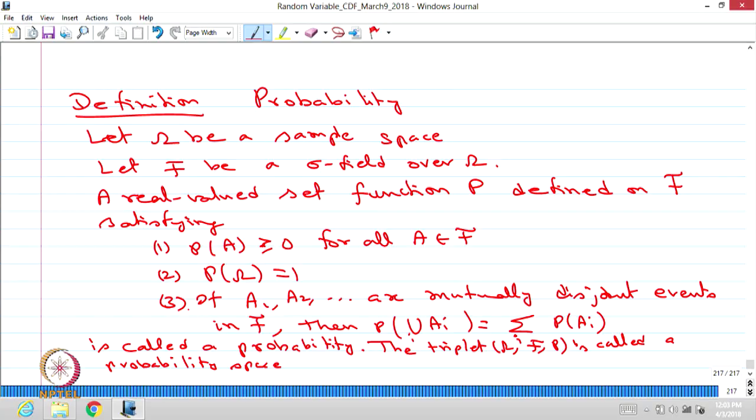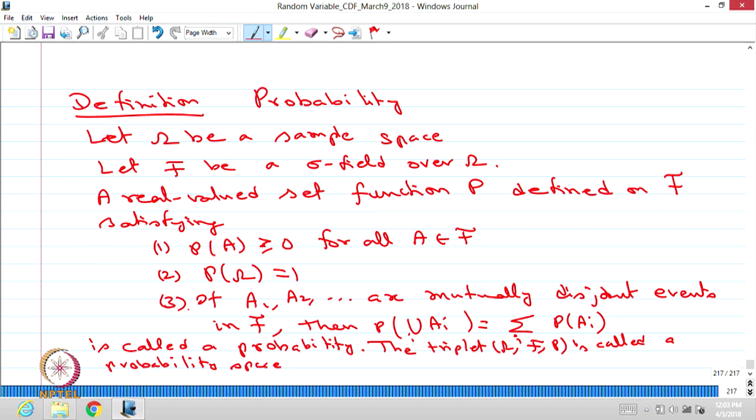That is a probability. It is very important because omega is a sample space for a random experiment, whereas you can have more than one sigma field on the same omega. For a fixed F, we are creating a set function satisfying these three conditions, therefore it is a probability.